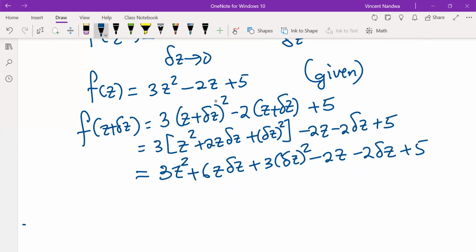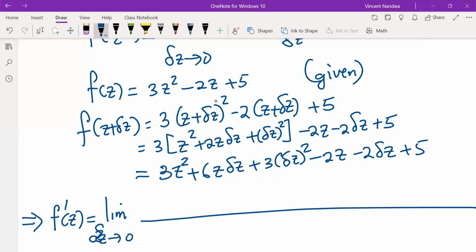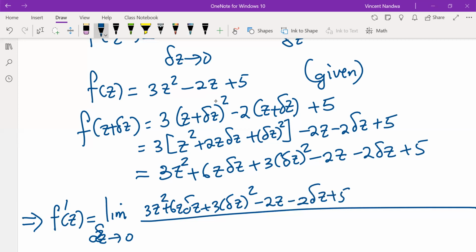So thus f prime of z will be the limit as delta z approaches 0 of 3z squared plus 6z delta z plus 3 delta z squared minus 2z minus 2 delta z plus 5. And then we subtract f of z.